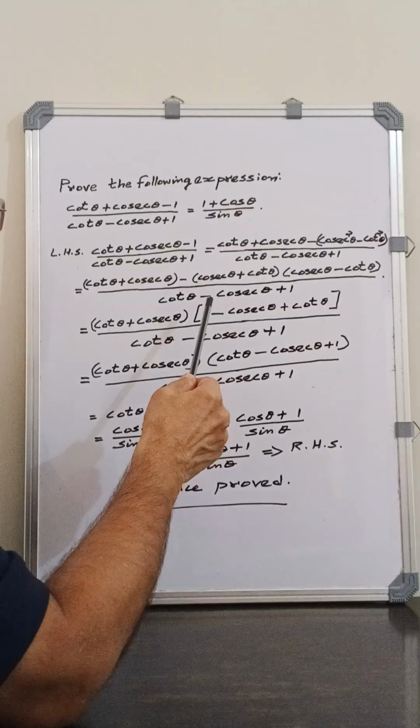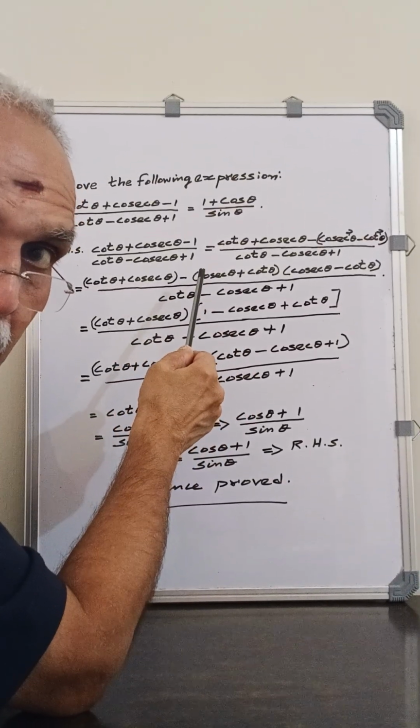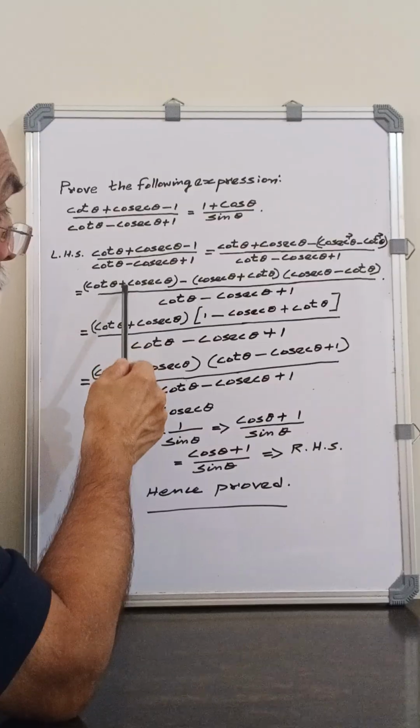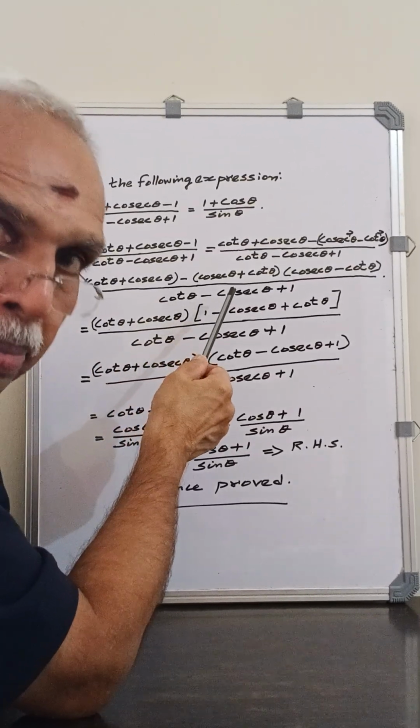Among these, the common factor is cot theta plus cosec theta. Therefore, cot theta plus cosec theta is taken out as a common factor.